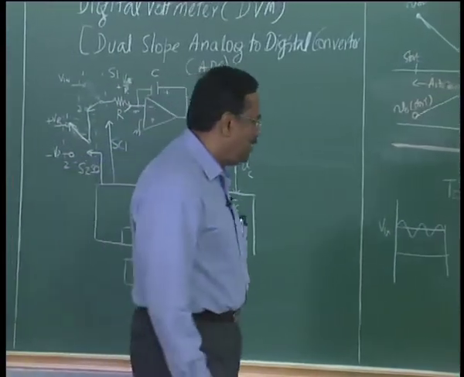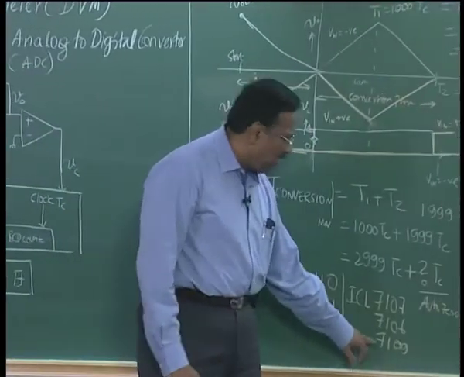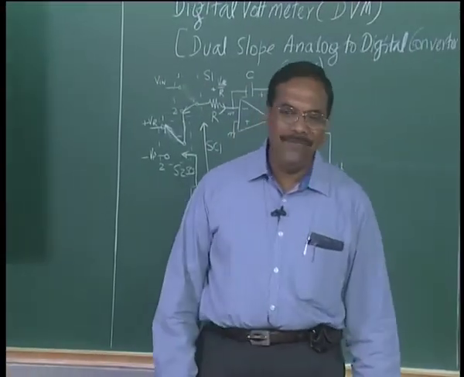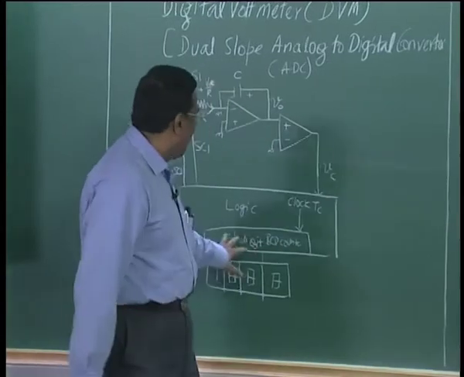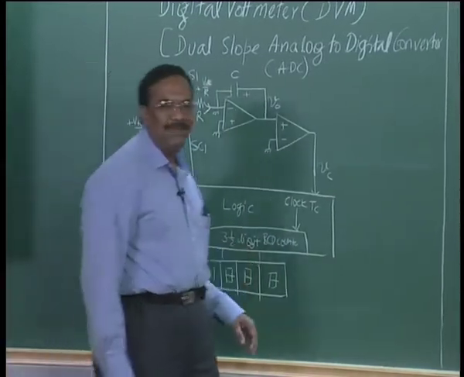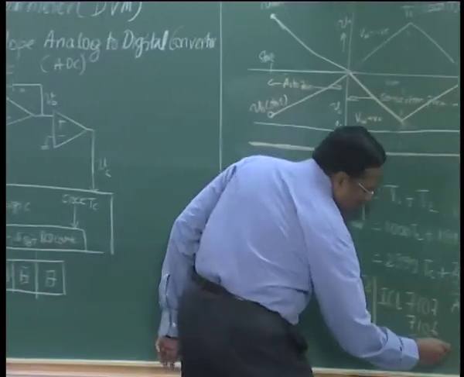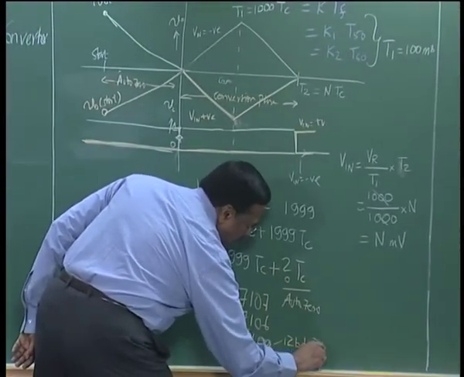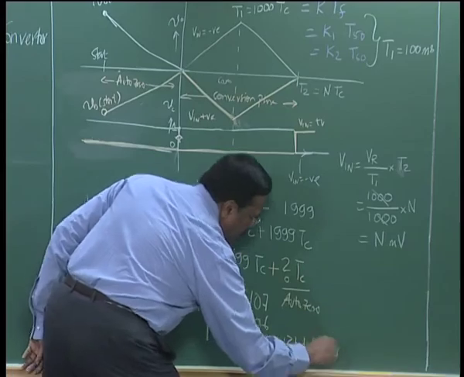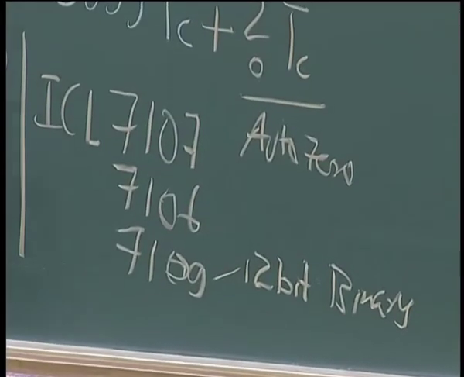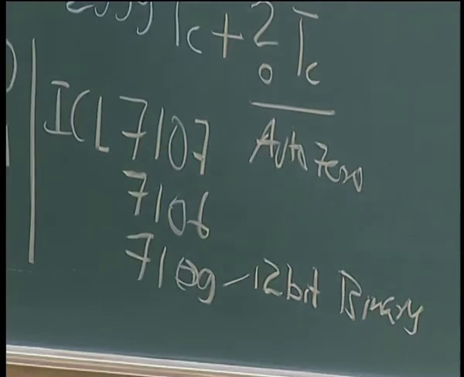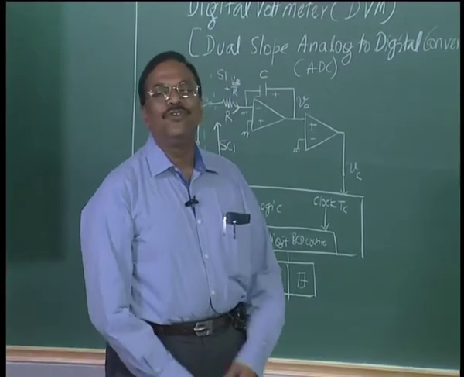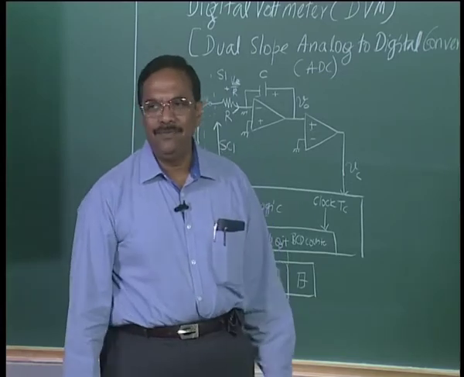The 7109 has no display driver, and it does not have a 3.5 digit BCD counter. The 7109 has a 12-bit binary counter. So, the output is 12-bit binary, and later of course you have 4.5, 5.5 digit.